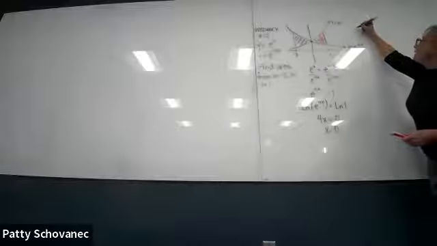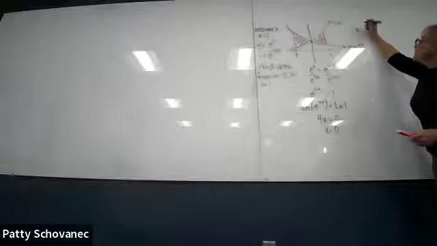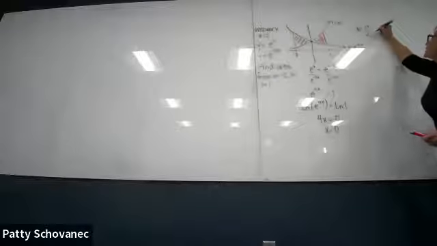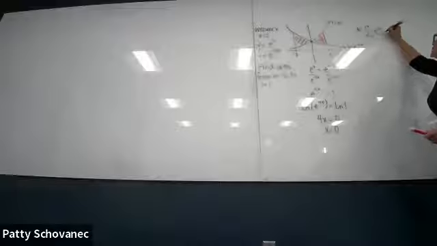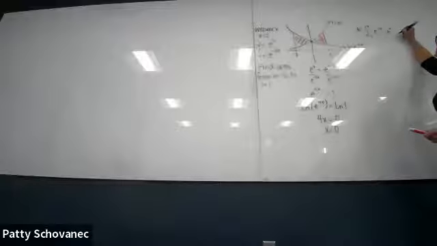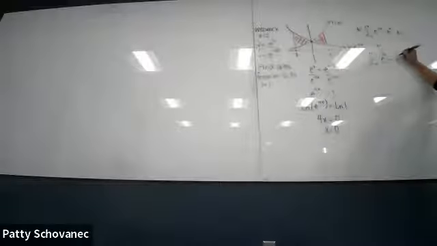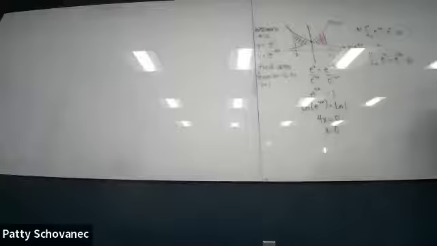So the overall area, oh, that's a bad A, is the integral from negative 2 to 0, decay curve minus growth curve, added to the integral from 0 to 1, growth curve minus decay curve. That's the plan.